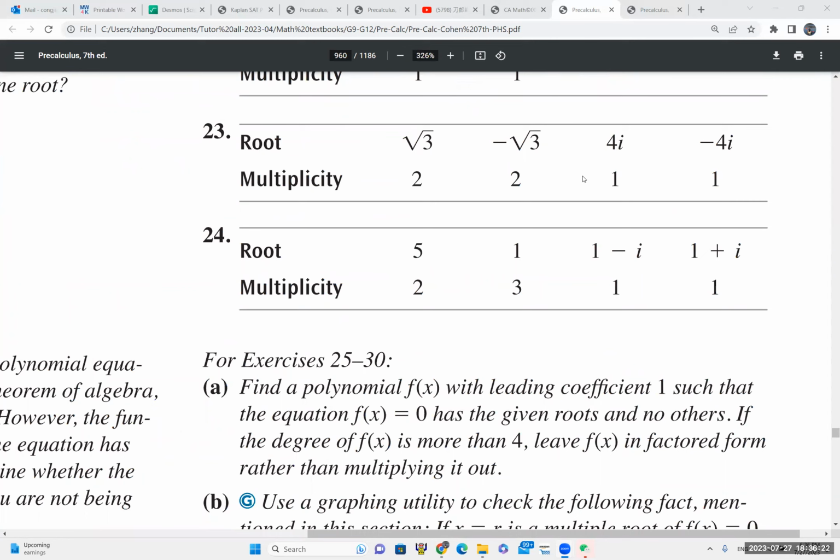So what's the degree for problem 23? You mean what's the degree here? 3, I mean 6. 6.